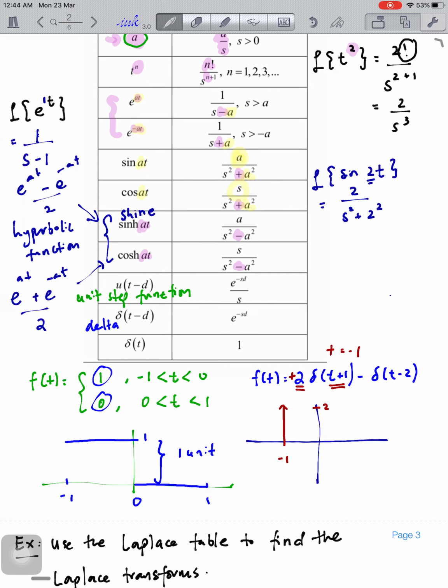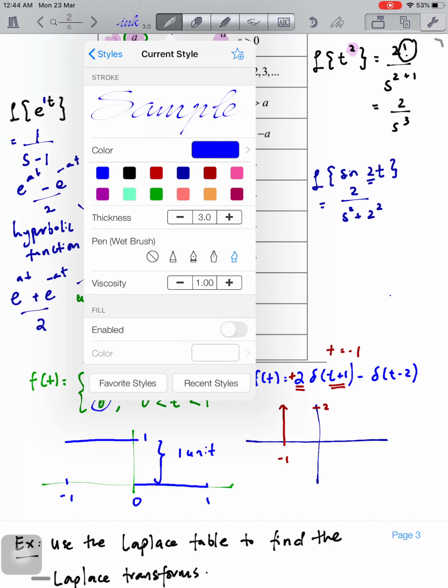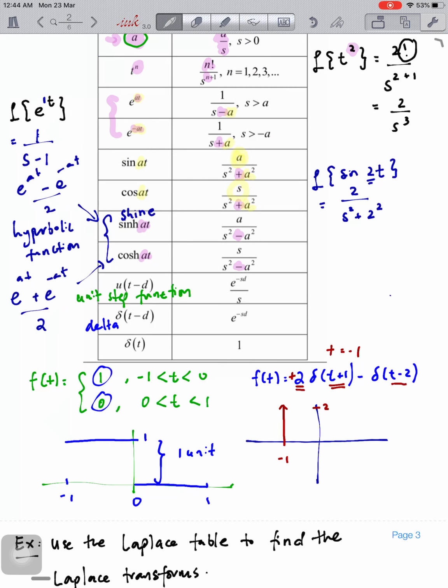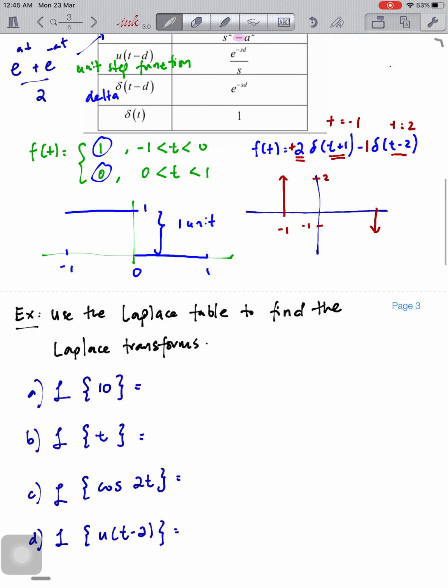For this one, we know that the position is going to be at t equals 2, the magnitude is 1, and it's going to be pointing downwards because it's negative. So it's 1 right here, -1 right there, somewhere over here. There could be multiple lines pointing upward or downwards, and it's called a train of delta functions. That is in terms of the shape.